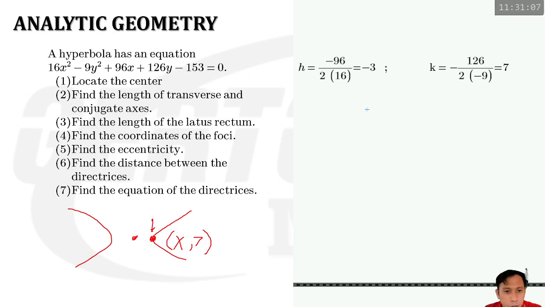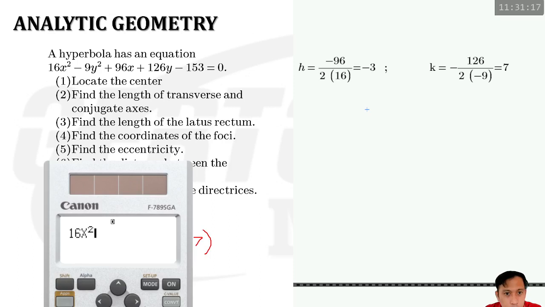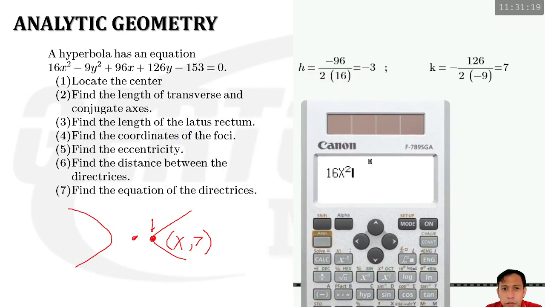I'll turn on the Canon first. So 16x squared minus 9y squared plus 96x plus 126y minus 153 equal to 0.